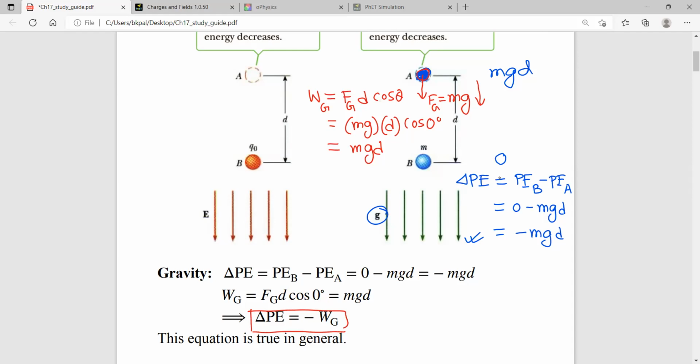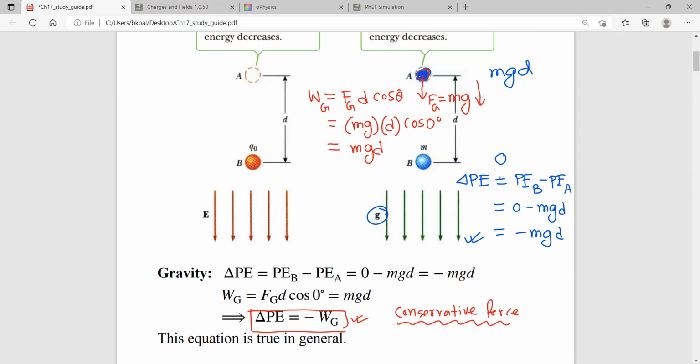Although I derived it for the gravitational potential energy or gravitational force, this is true in general for any conservative force. By conservative force, I mean the gravitational force, the elastic force, or here the electric force.